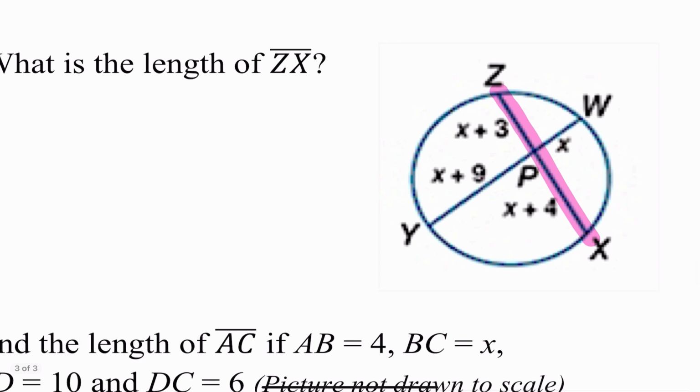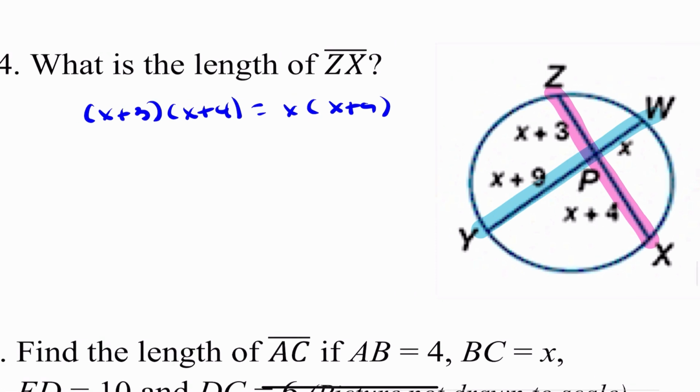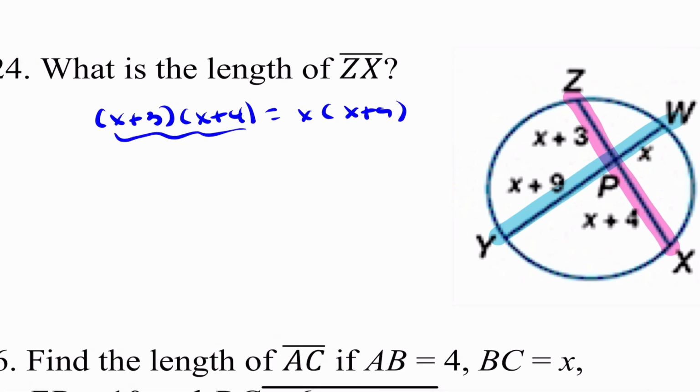So I have x plus 3 times x plus 4, which is equal to x plus 9 times x. Or I'm going to write x times x plus 9. So then this is going to be x squared plus 7x plus 12, which is equal to x squared plus 9x.